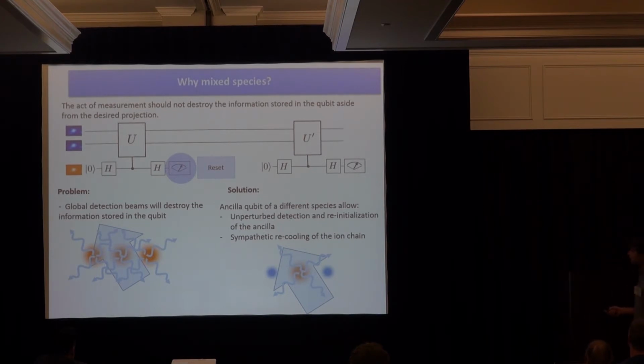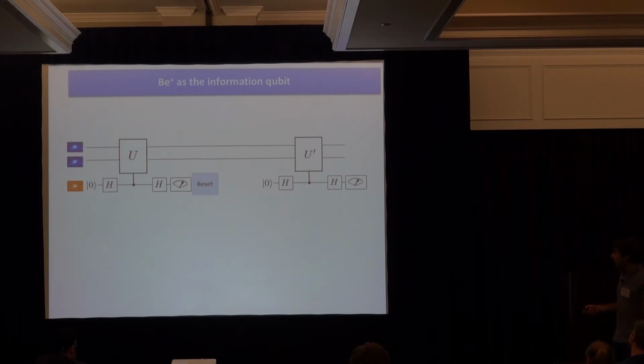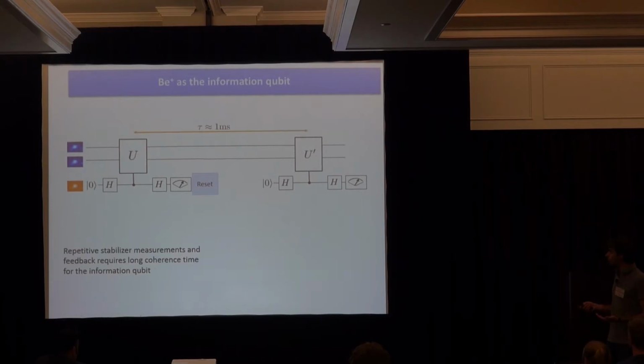Good. So now, why did we choose calcium as the ancilla and beryllium as the data qubit? Well, as I said before, we want to repeat this measurement over and over, and we actually did it up to 50 times. So you need a long coherence time for your information qubit. For us, the time it takes to repeat a stabilizer measurement is about 1 millisecond.